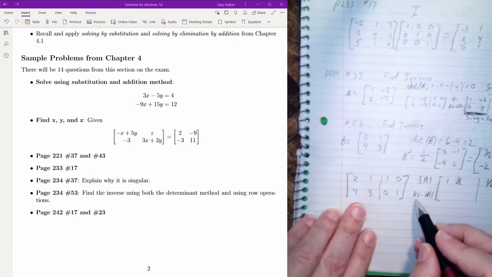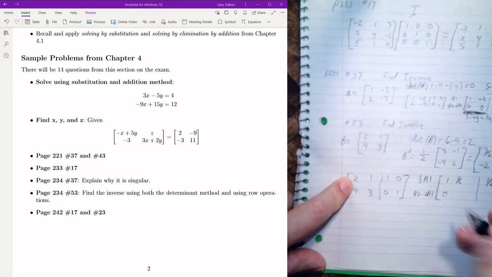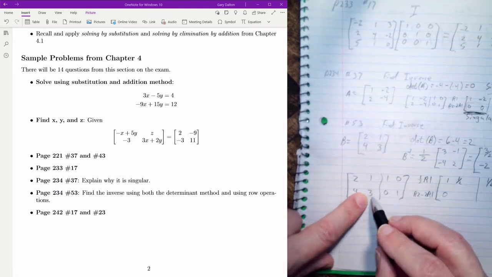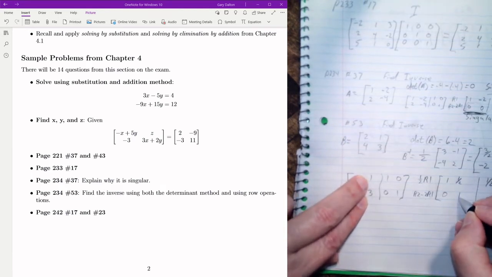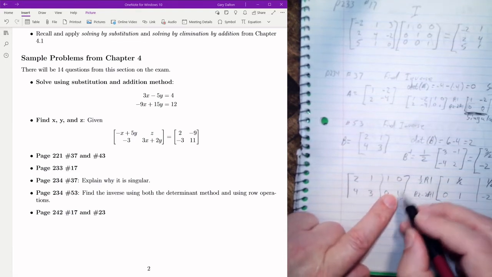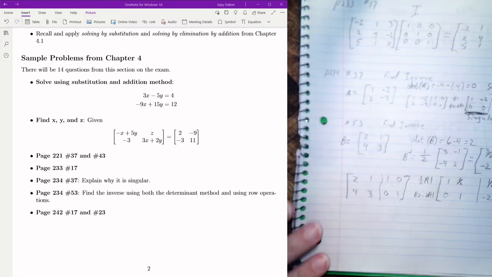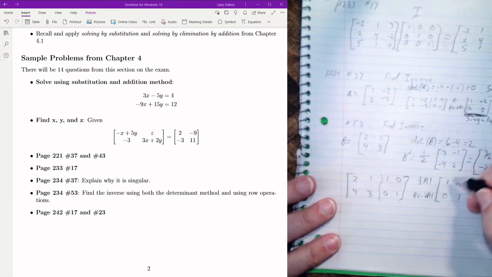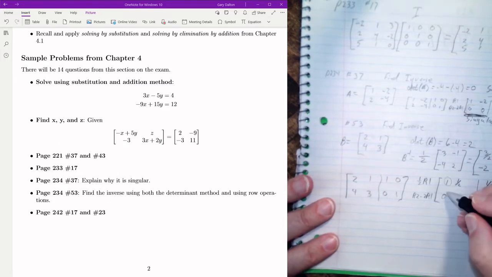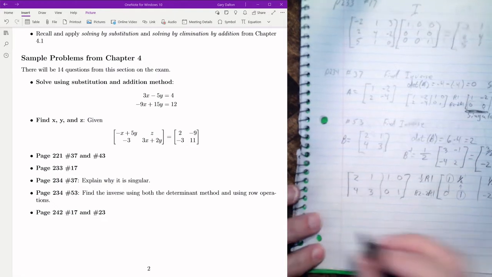Here we're going to do row 2, which is 4 minus 4, 3 minus 2, 0, 0 minus 2, and 1 minus 0. We're actually almost done by doing that. So we've got our first pivot, and the column is cleared. We have our second pivot, we just need to clear the column. So let's just clear that column.